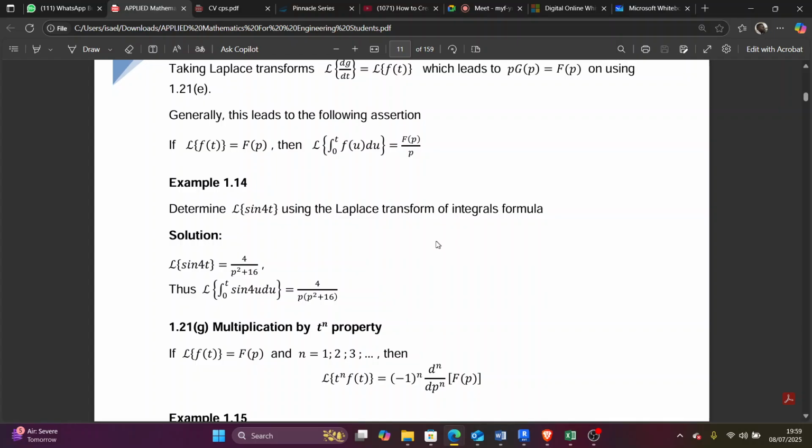Read the instruction, what is being asked. In this problem, they say determine Laplace of sine 4t using Laplace transform of integrals. Here is the formula, and here is the question. Let's solve it to see how it works.